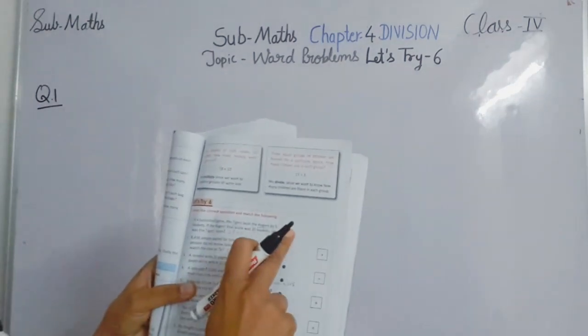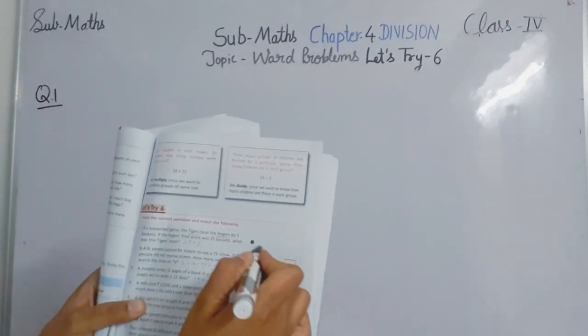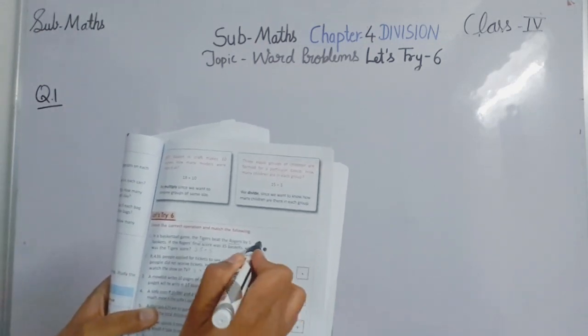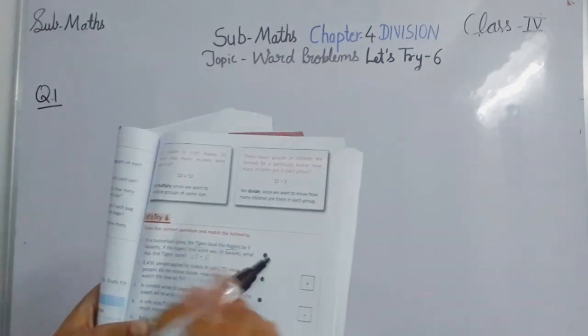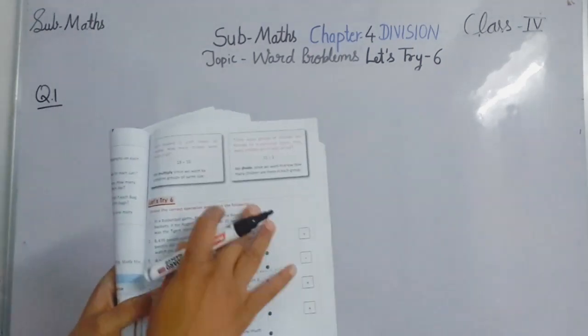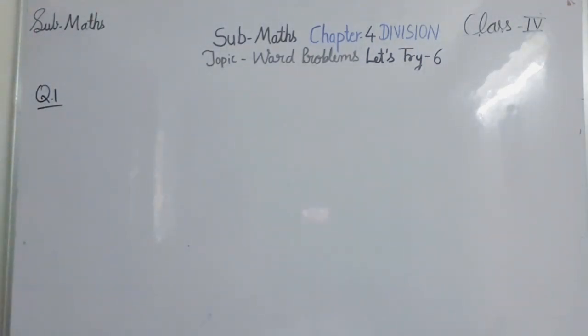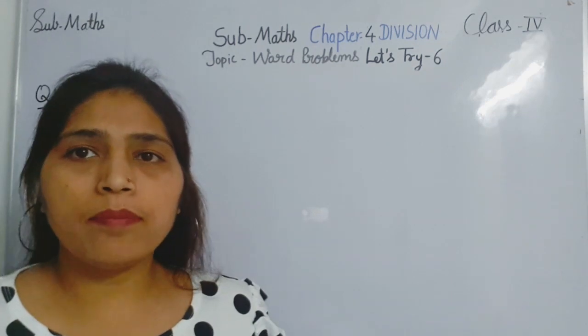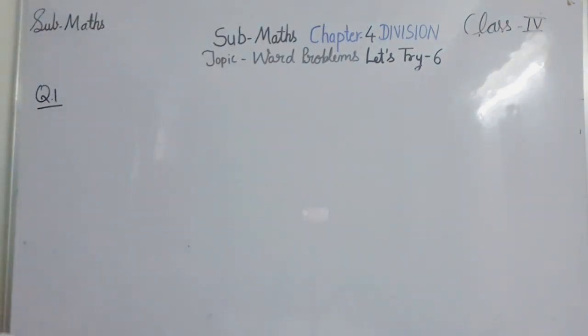If we are using plus, just match it with the plus symbol only. You have to draw a line to match with the correct symbol. No one will write these problems in the notebook, but I am explaining why we are using addition here and why we are using subtraction in this problem. So let's start from the first one.